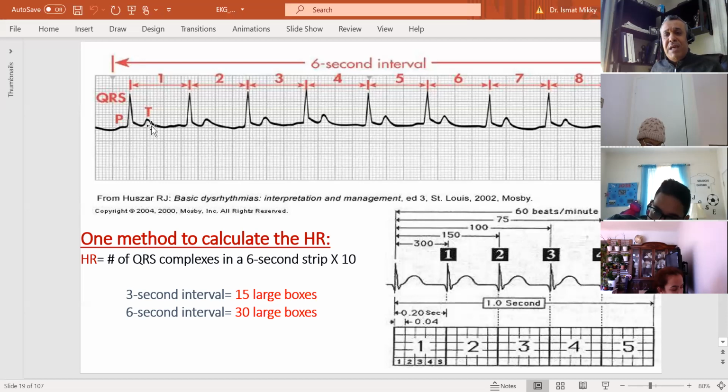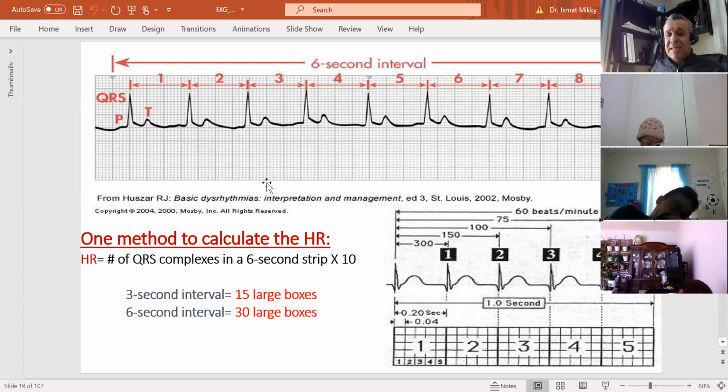As long as the patient's rhythm is regular, it means that there is a P wave, QRS, and a T wave, and the distance from P to P should be consistent. If you measure it from P to P, it should be the same distance across the board. Same thing for the QRS: R wave to R wave should also be consistent in terms of length.